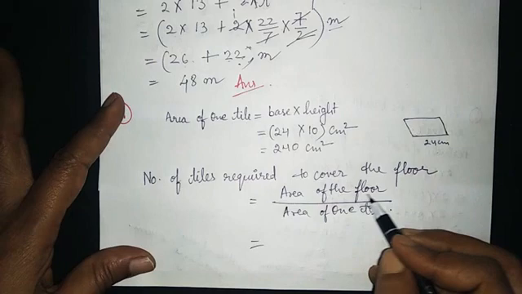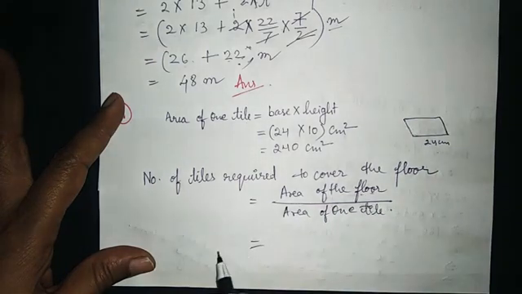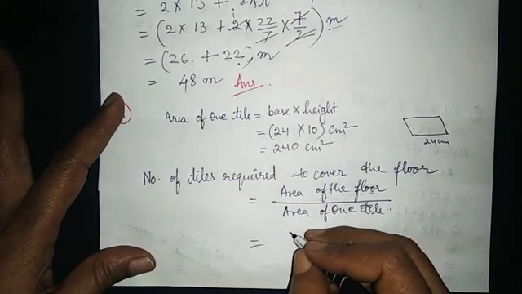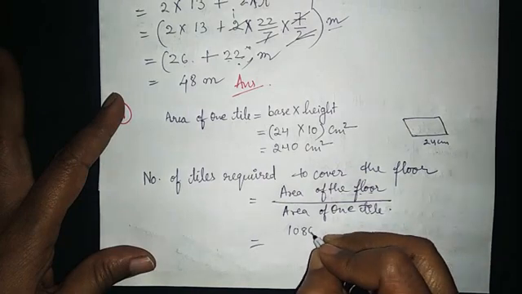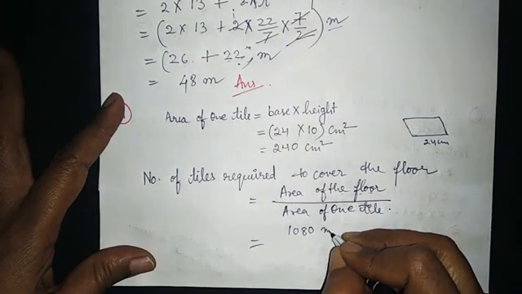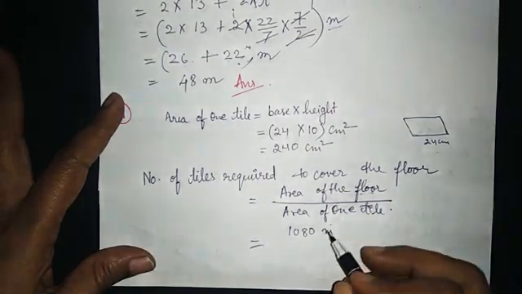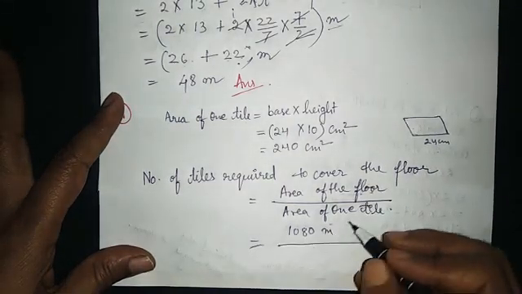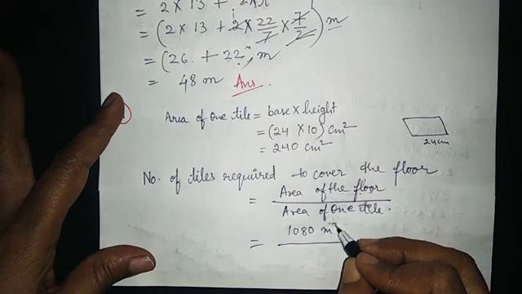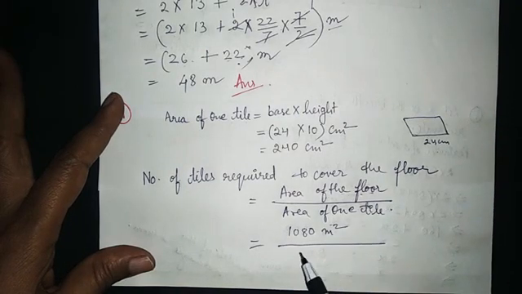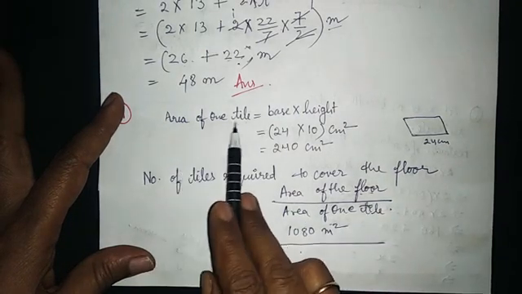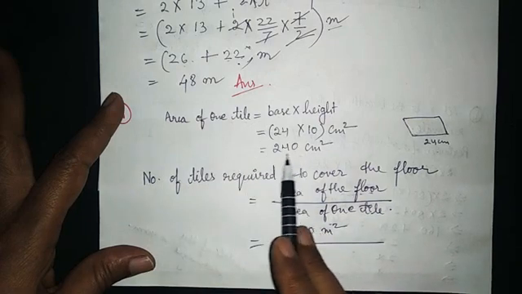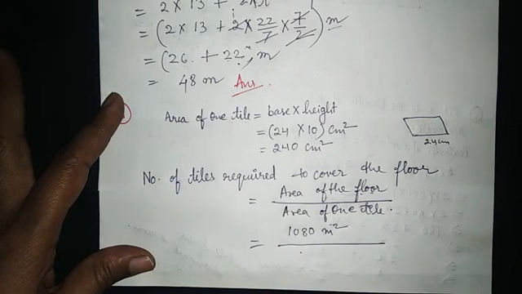Here area of the floor you have got in the question only, 1080 meter square. Meter square it is given. 1080 you will write meter square, but here area of one tile is given 240 centimeter square.